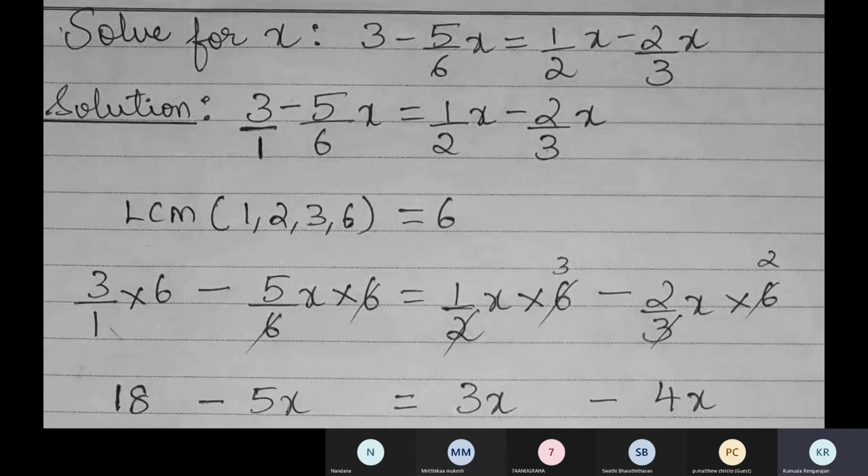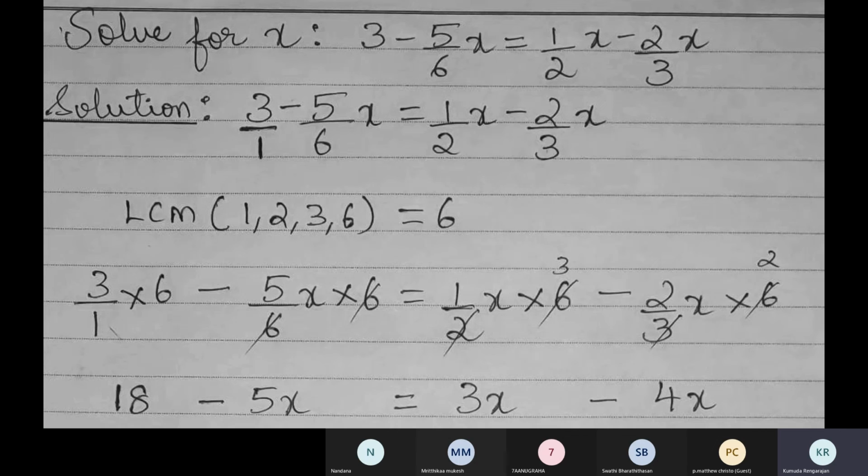So, how to simplify? These are like terms. 3x, 4x, they're like terms because they have the same literal factor, x. You can add them or you can even subtract them according to whatever the sign says. 3x minus 4x. So what you do is take up only 3 and 4. 3 minus 4, minus 1.